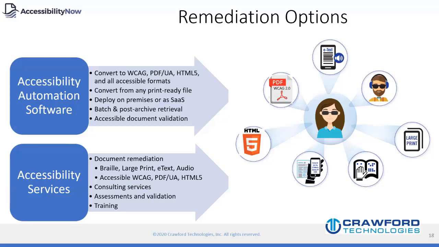Now that can mean acquiring accessibility automation software that will run with that workflow and automatically process any type of documents that are in a non-accessible format, and then generating them into accessible formats, whatever those may be. And that can include generating both physical outputs such as Braille or large text, as well as digital outputs such as accessible PDF, accessible HTML5.